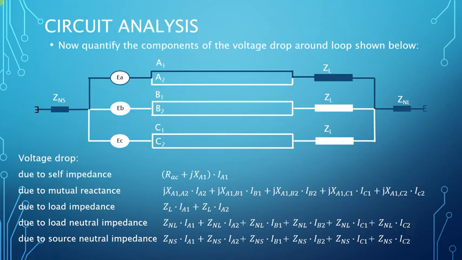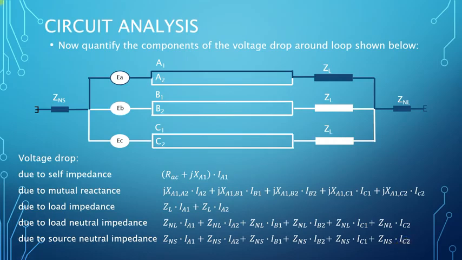And finally, we get the same summation of currents at the neutral at the sending end, and we add those currents together to get the voltage drop across the neutral impedance at the sending end, which gives us this equation here.